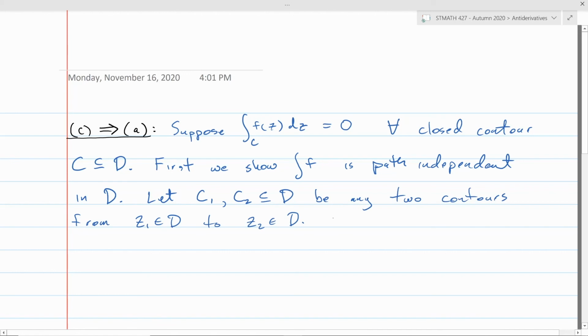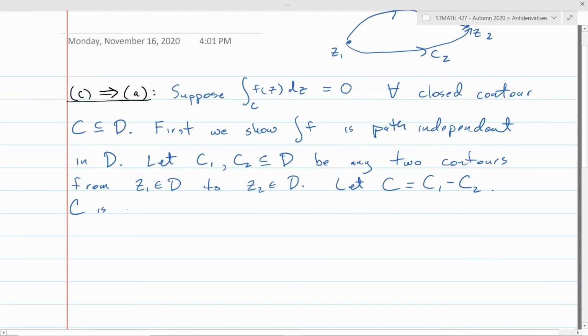And then we're going to let C equal C1 minus C2. Here's Z1 and here's Z2. You made one path, C1, and some other path, C2. So if you do C1 minus C2, it forms the closed loop going from Z1 to Z1. So C is a closed contour, and by hypothesis, the integral around it is going to be 0.